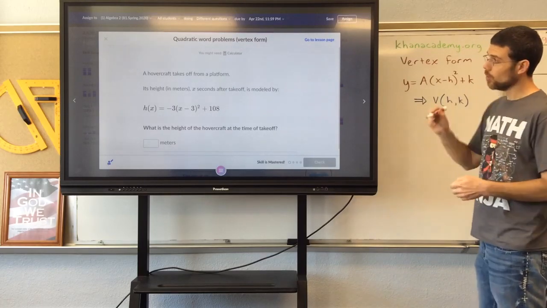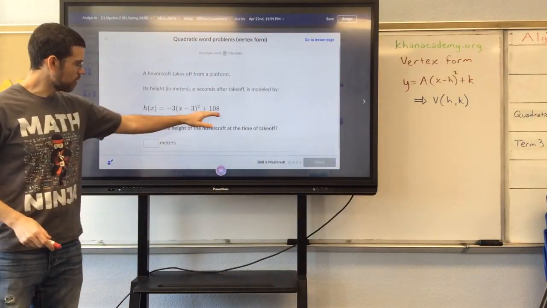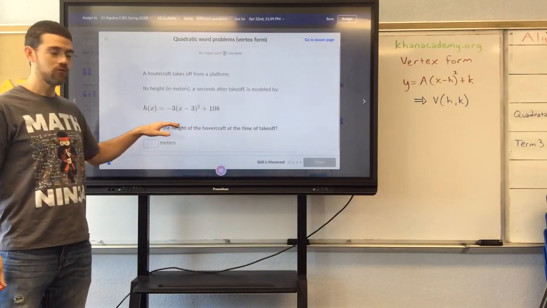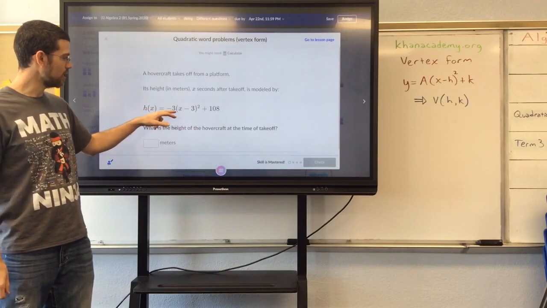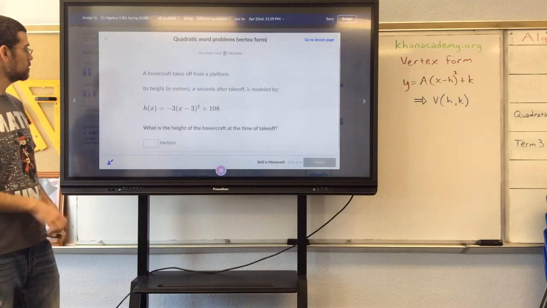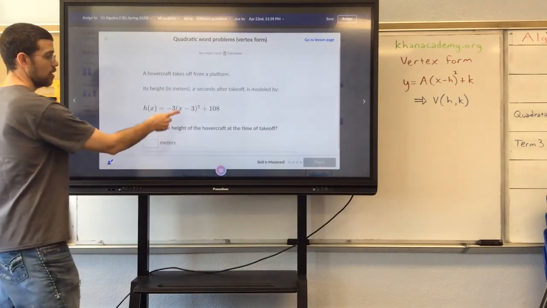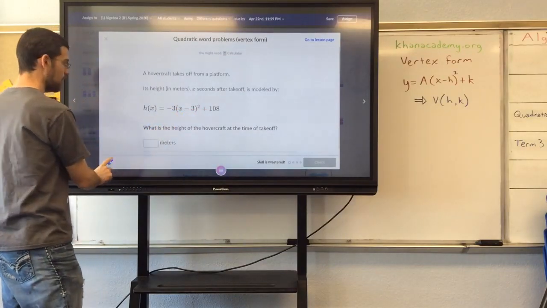Okay, so in this problem, let's see what we have. We've got an equation of a parabola in vertex form, -3 times x minus 3 squared plus 108. So we know right now that the vertex is at 3 comma 108.